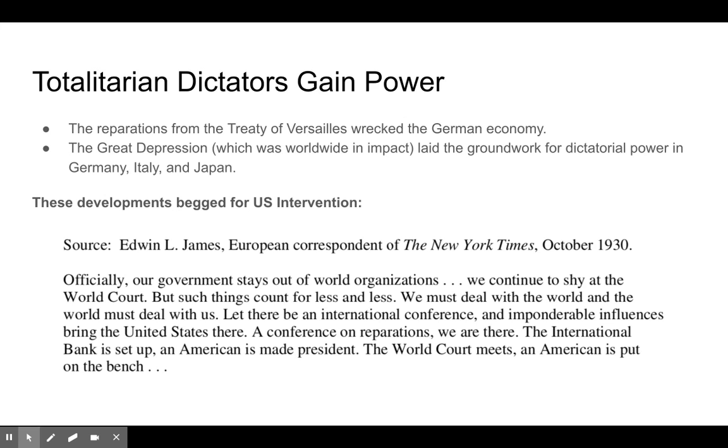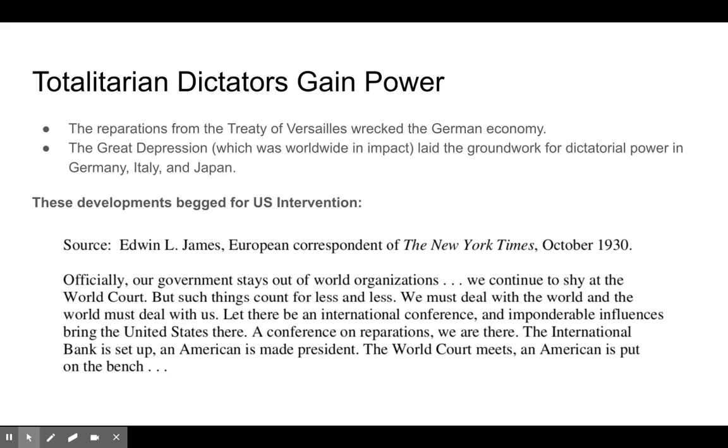In other words, America can say that we want to withdraw and be isolationist. But as these dictators become more and more aggressive, and as world issues become more pressing, it almost requires the United States to intervene. It's like the Spider-Man quote: "With great power comes great responsibility." America has become a powerful, if not the most powerful, nation in the world at this point in the 1930s.